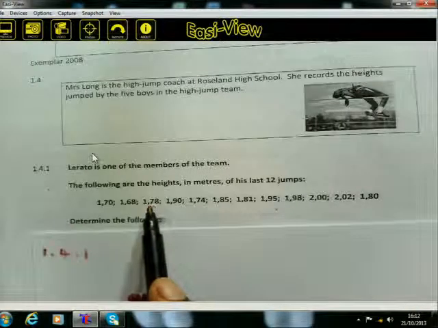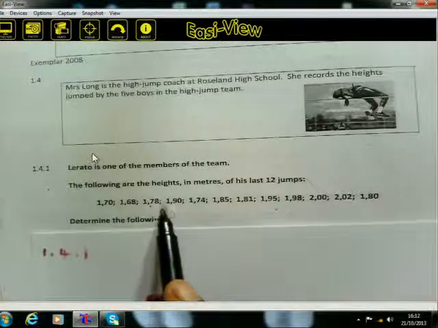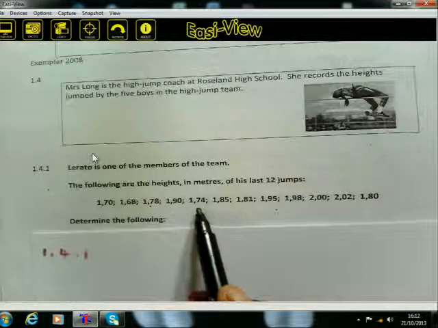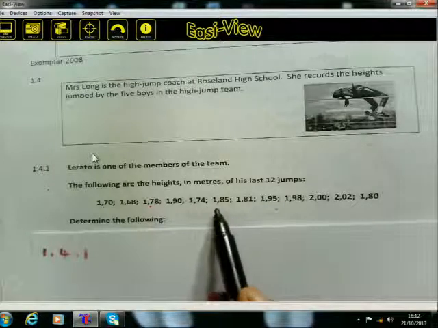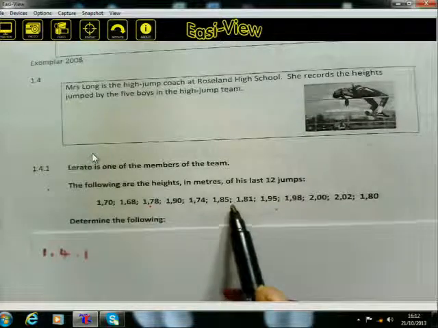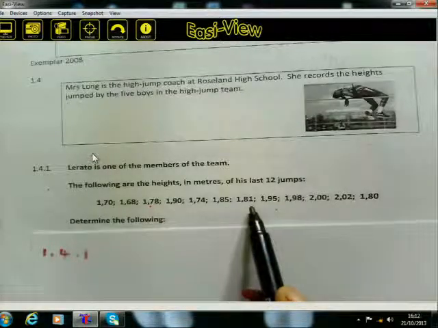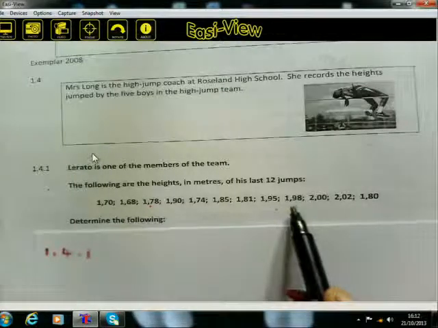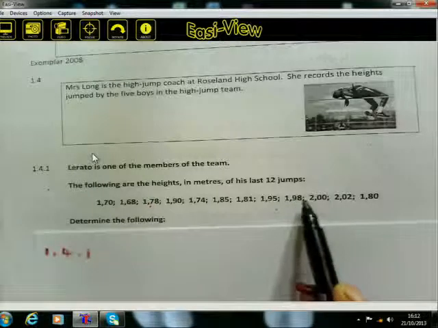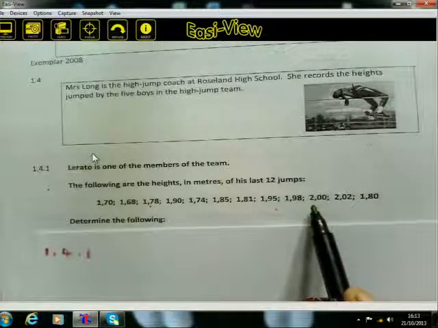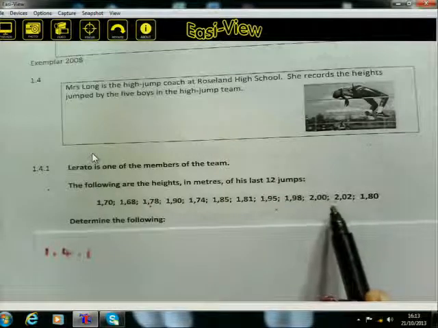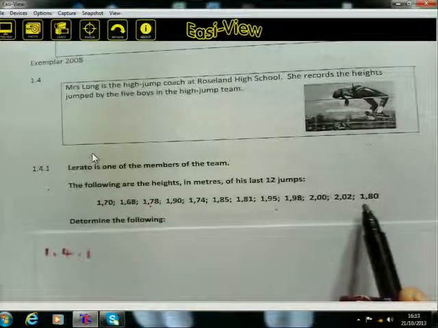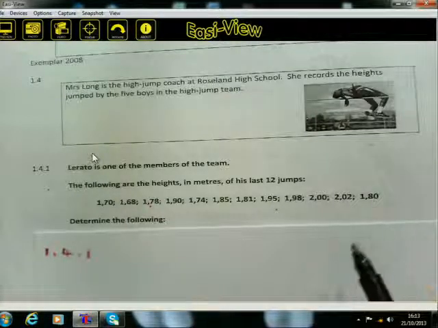You've got 1,78 semicolon, 1,90 semicolon, 1,74 semicolon, 1,85 semicolon, 1,81 semicolon, 1,95 semicolon, 1,98 semicolon, 2,00 semicolon, 2,02 semicolon, 1,80.